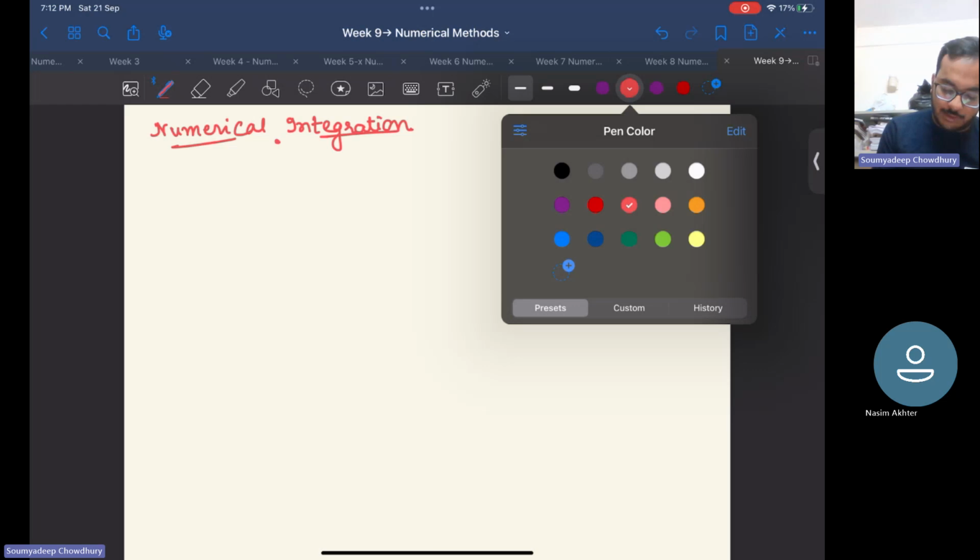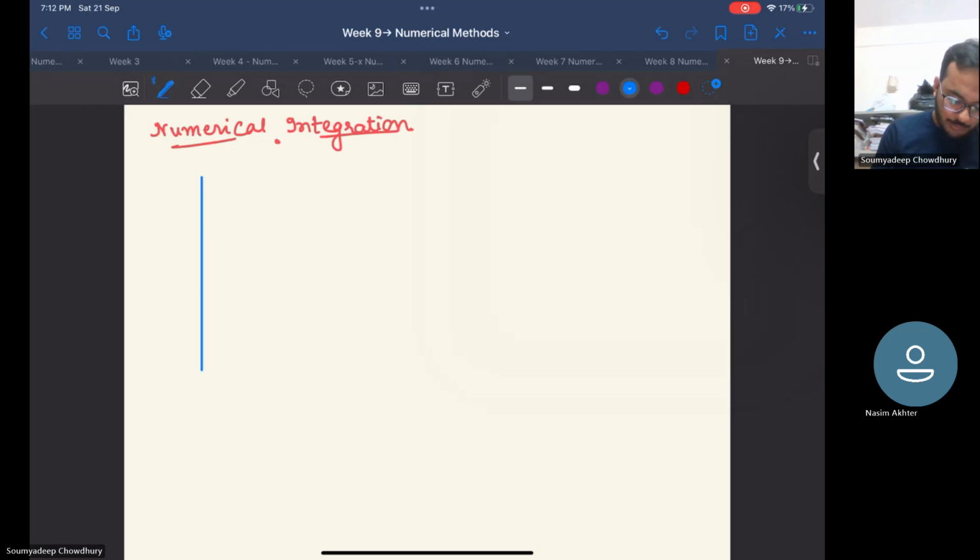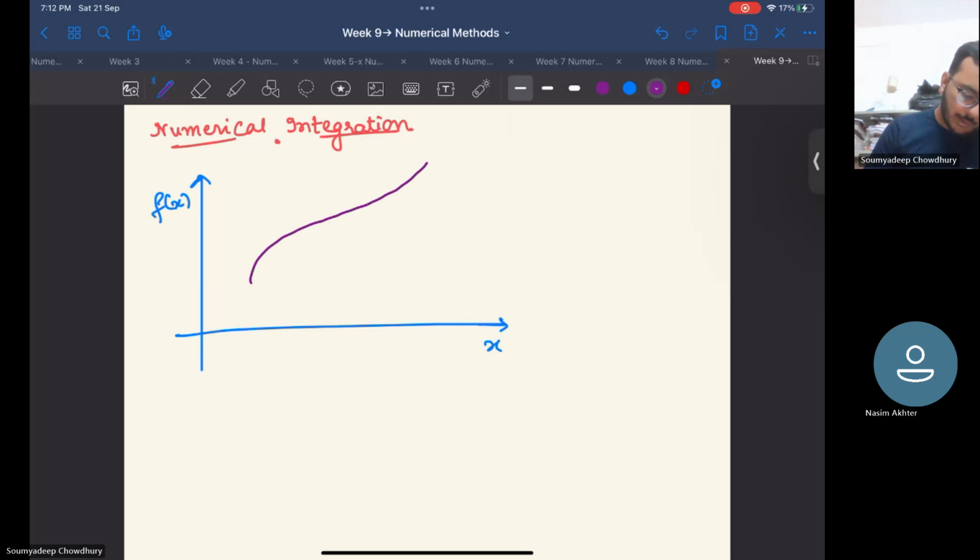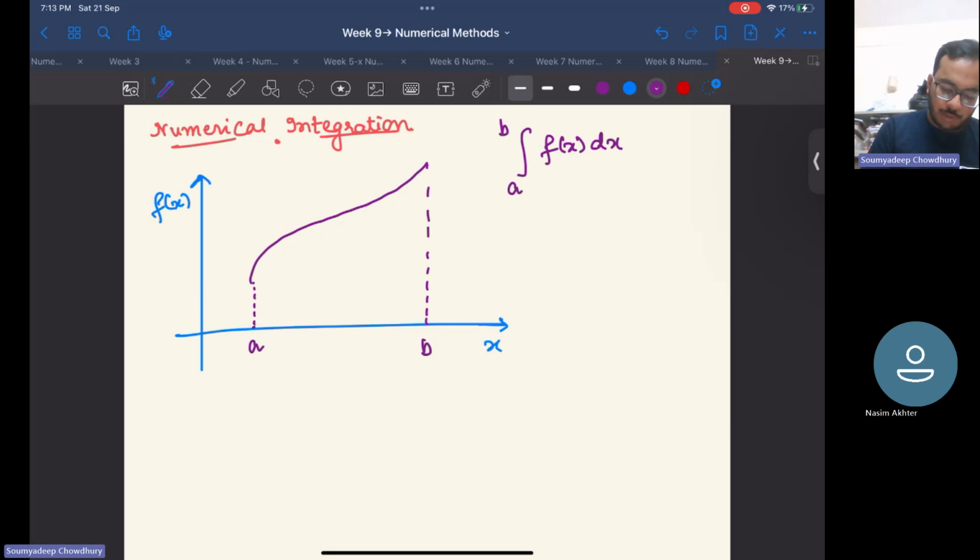Suppose you have a curve like this. Suppose some function f of x is there. It is like this. Suppose this is the lower limit a, and this is the upper limit b. If you are told to find the integral of this function from a to b of f of x dx, what does that mean?